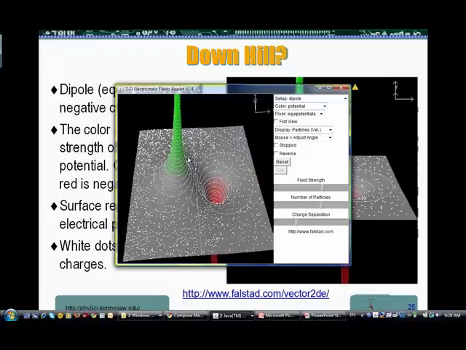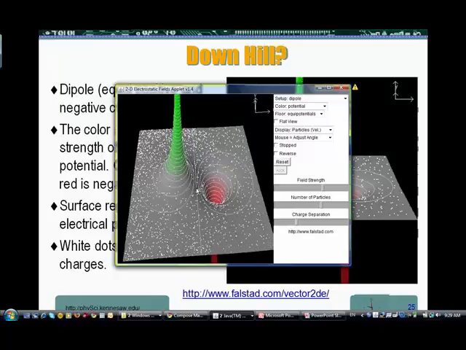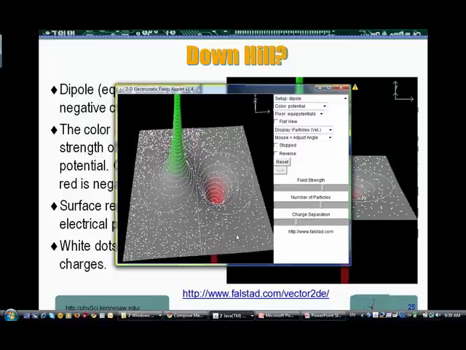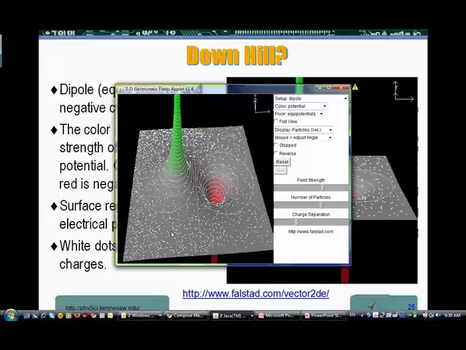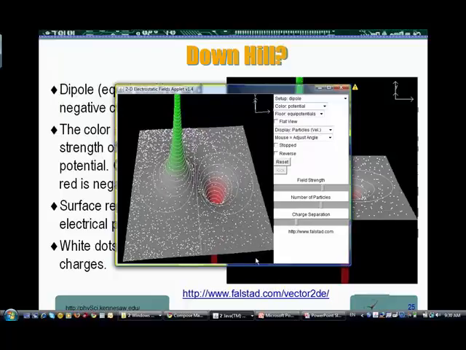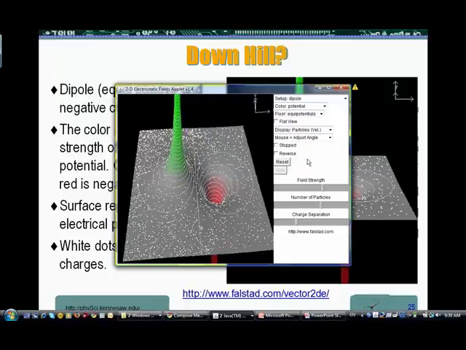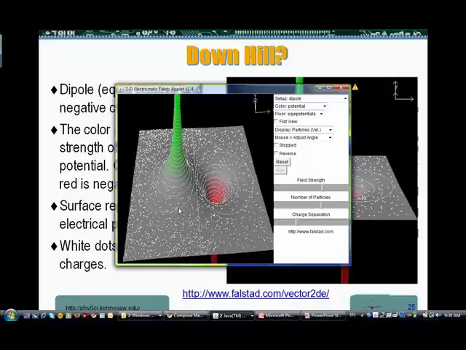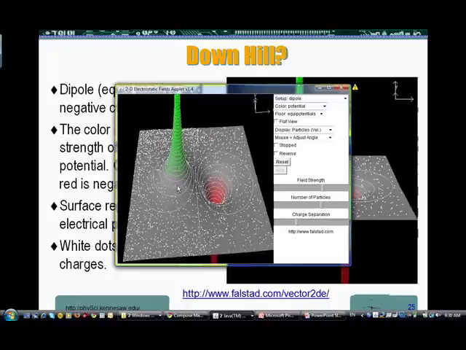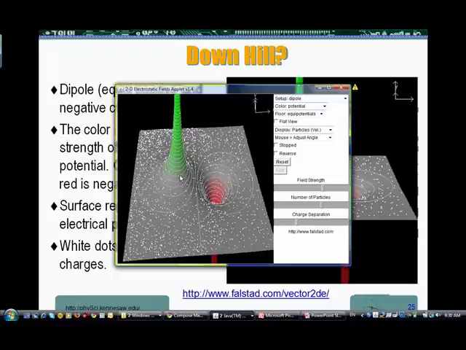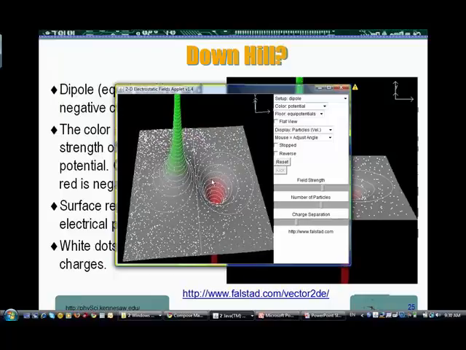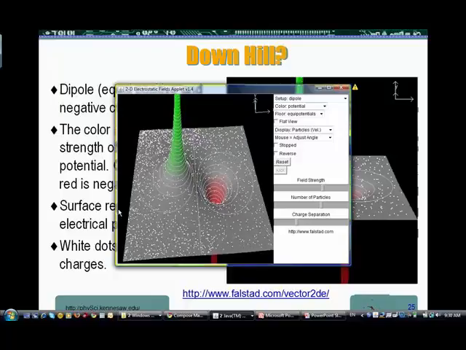And you notice here, in between, we have a zero electrical potential, and we have zero electrical potential, or close to zero electrical potential somewhere here. Remember, these are equipotential lines. These are lines of the same electrical potential, like topographical lines.